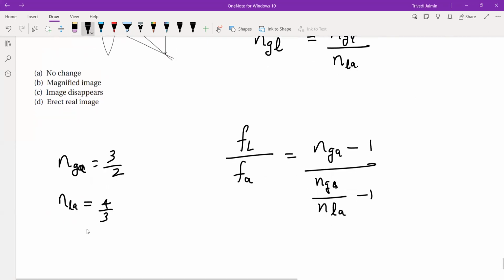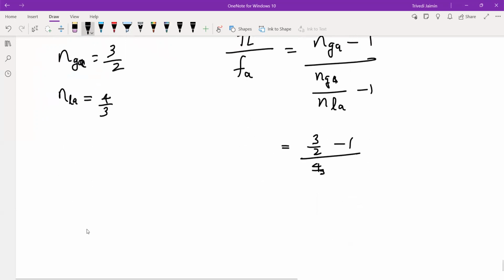We don't know n_GL; it is a standard value with respect to air. So (3/2 minus 1) by (3/2 by 4/3 minus 1).